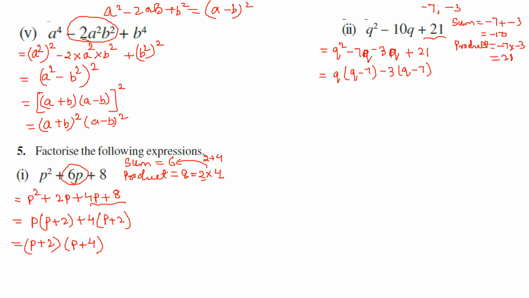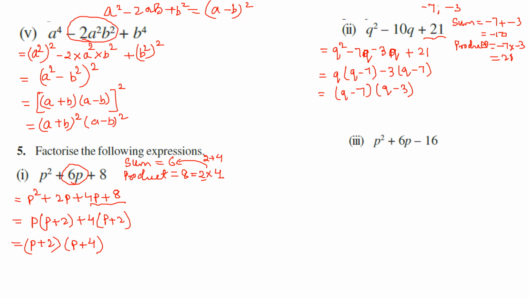So don't get confused over here that it was plus 21, how it became minus 7. Because here it is minus, right? Minus 3 into minus 7 will give me plus 21. Now I have to take q minus 7 common. So if I take q minus 7 common, I will be left with q in the first term and minus 3 in the second term. So this is my factorization.